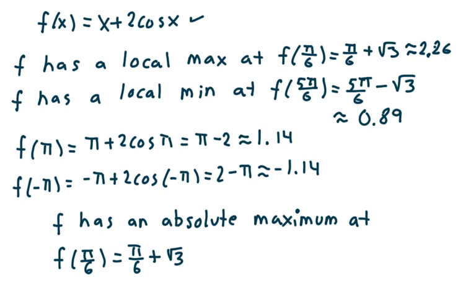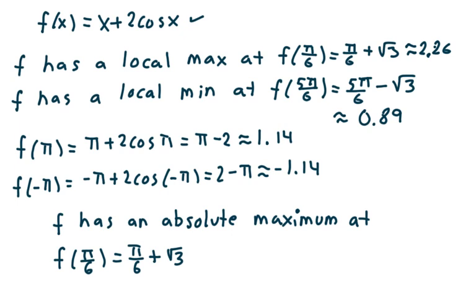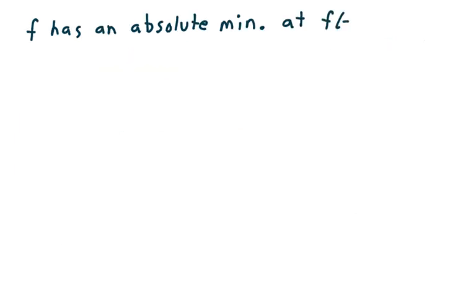And then f has an absolute minimum at f of negative pi, which equals 2 minus pi. And that's how you do problem 3.